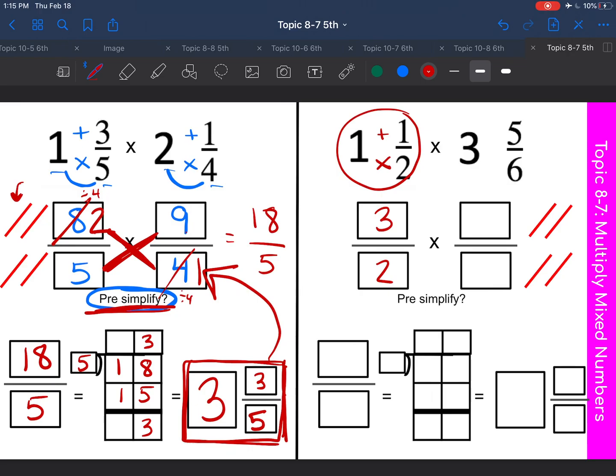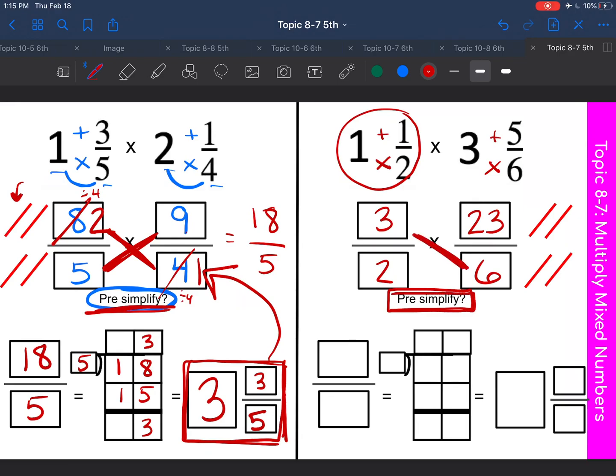And then we can do the same thing with the next one, okay? 18 plus 5 is 23 over 6, okay? And now we're going to see if we can pre-simplify, okay?